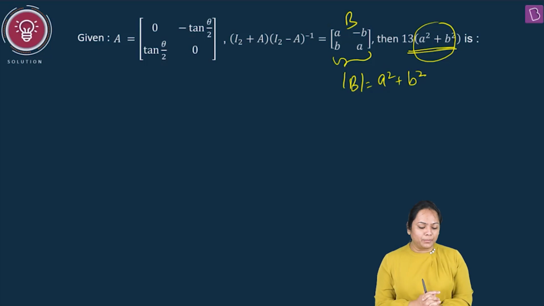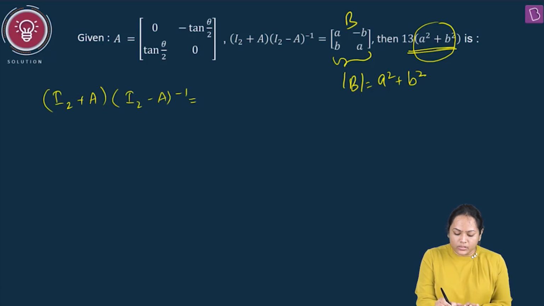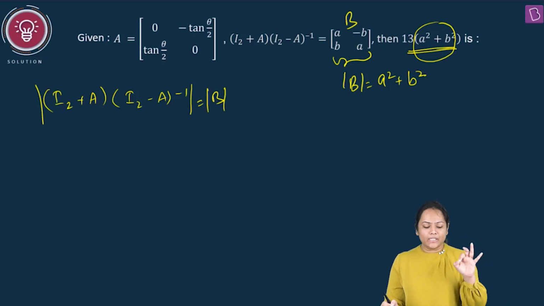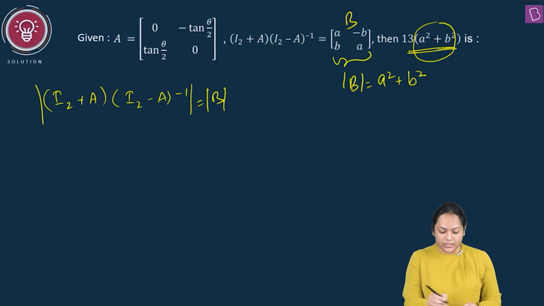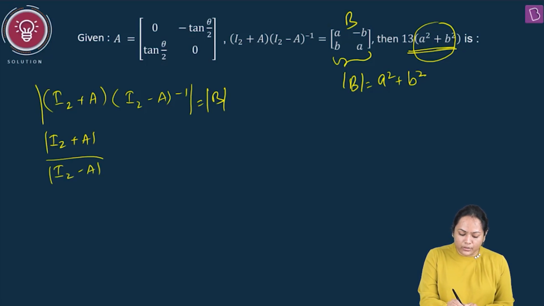Now, if I have (I2 plus A) multiplied by (I2 minus A) whole inverse equal to, let's say, B, I'm going to take determinant on both sides. So I get the determinant of I2 plus A and the determinant of I2 minus A inverse. Further, this can be written as determinant of I2 plus A divided by determinant of I2 minus A, and it is equal to determinant of B.